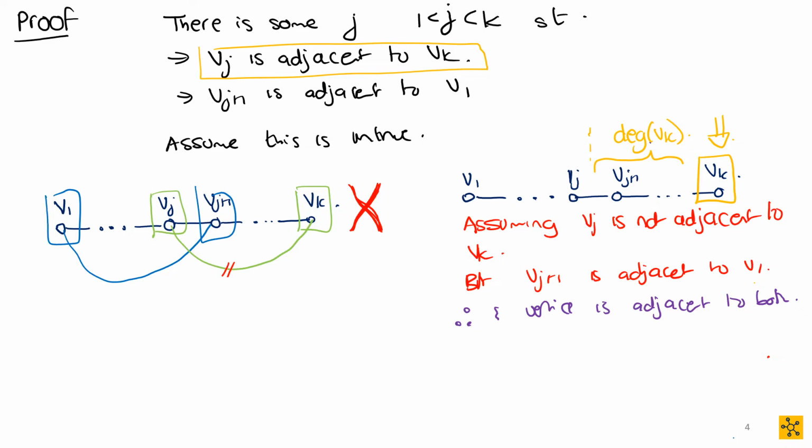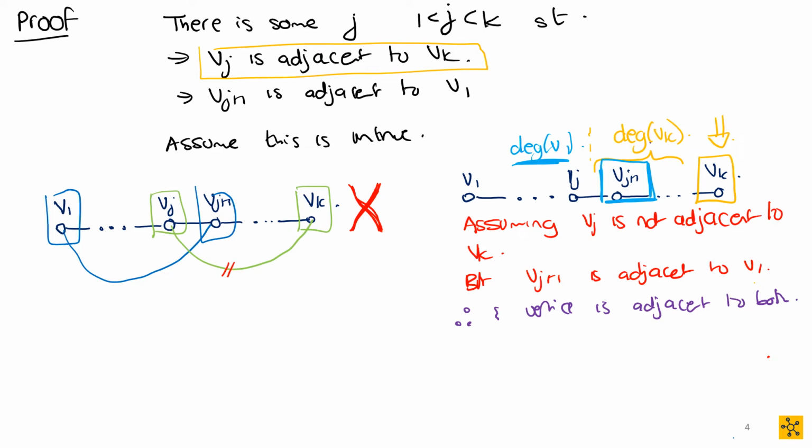So now you have the degree of V1 vertices which are adjacent to V1, but in this degree of V1 vertices, this Vj plus 1 sits as well.